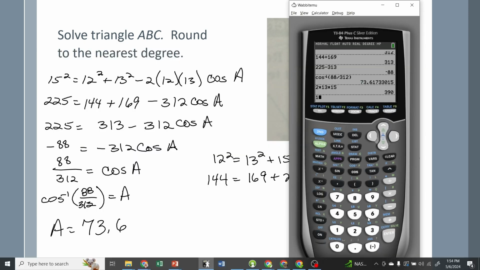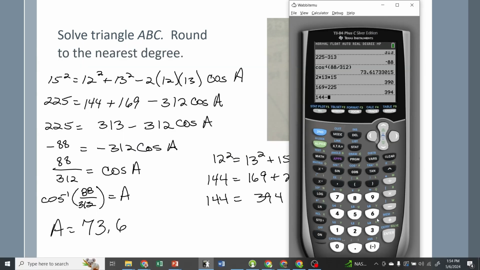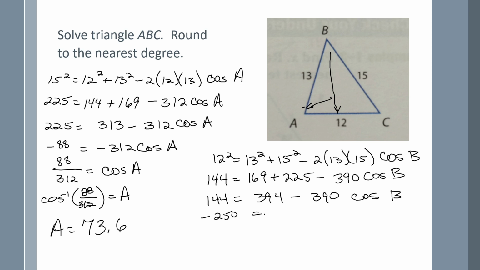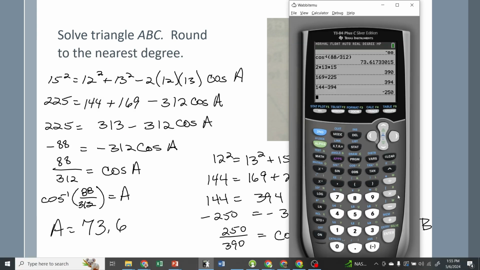So 169 plus 225 gives me 394. So 144 equals 394 minus 390 cosine of B. So 144 minus 394 gives me negative 250 equals negative 390 cosine of B. Divide each side by negative 390, I end up with positive 250 over 390 equals the cosine of B. So this is equal to cosine inverse of 250 divided by 390 equals B. So we're going to go ahead and plug that in now.